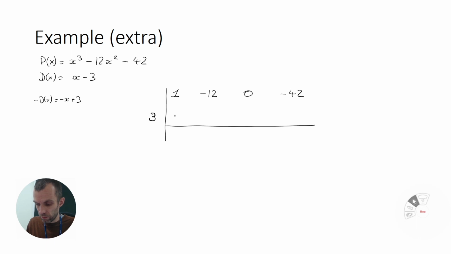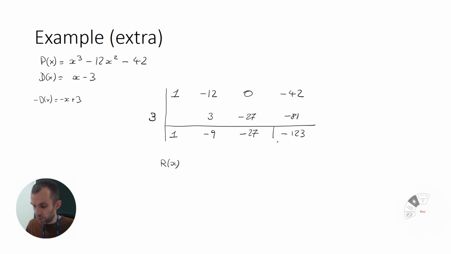Then the algorithm in action. We lower the first coefficient 1, we multiply to get 3, we add together to get minus 9, we multiply to get minus 27, we add to get minus 27, we multiply, and we get minus 81, and we add to get minus 123. Now we have to determine the remainder.